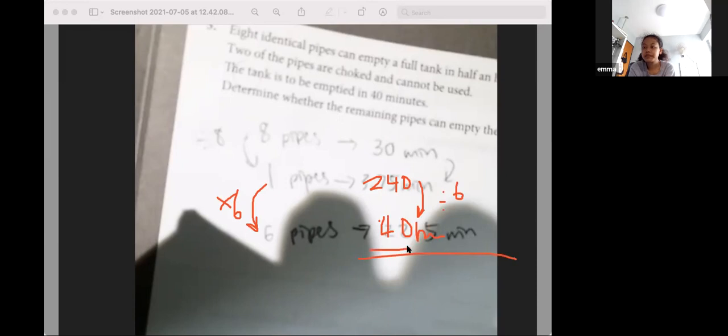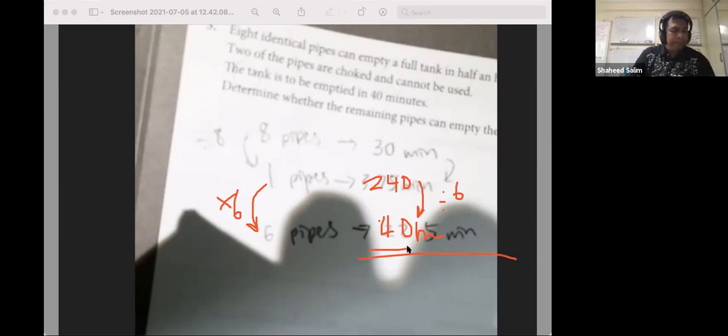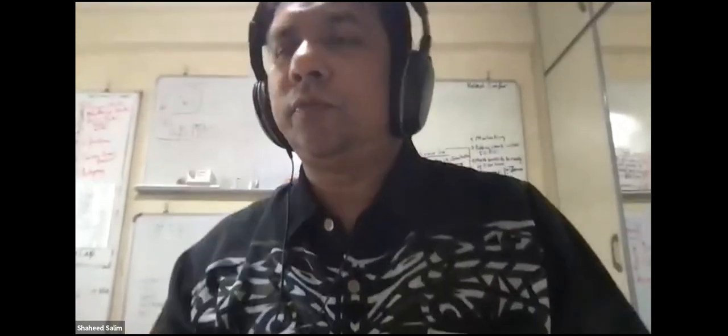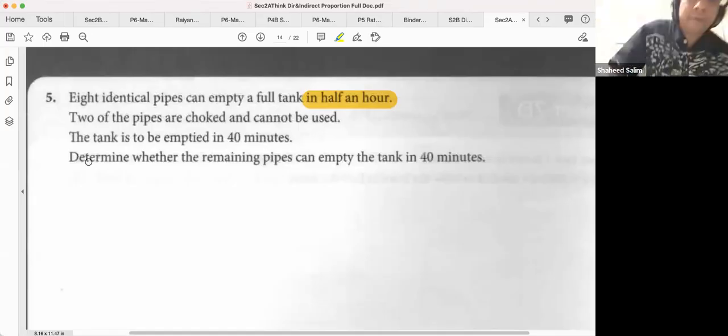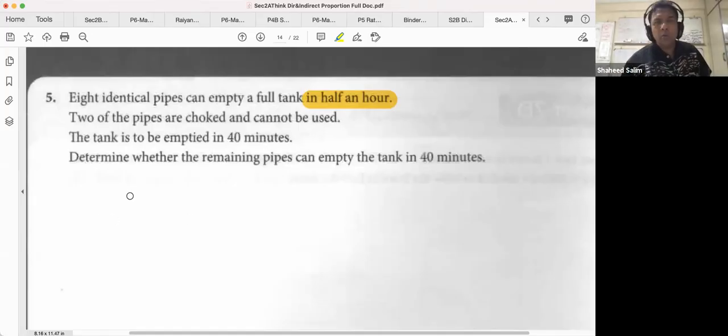Okay. Now, can I show you the formula method? Where is it? Here. So I ask myself, what is Y? Y normally is represented by time.